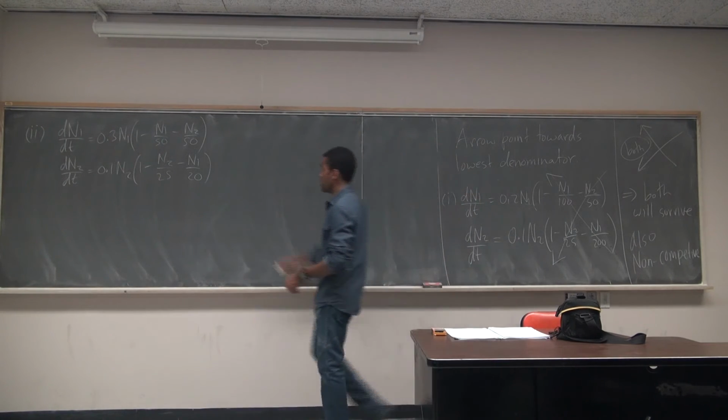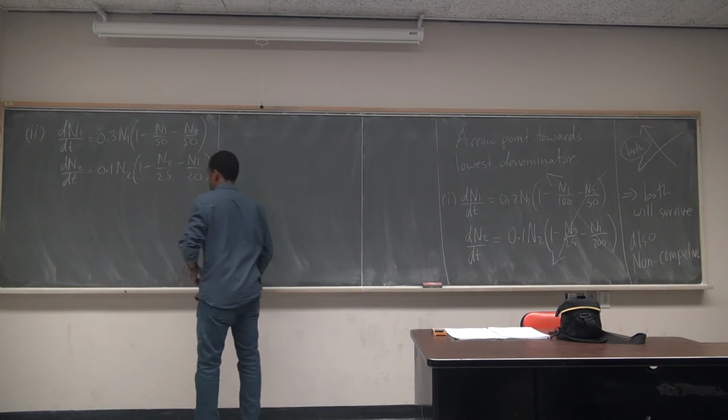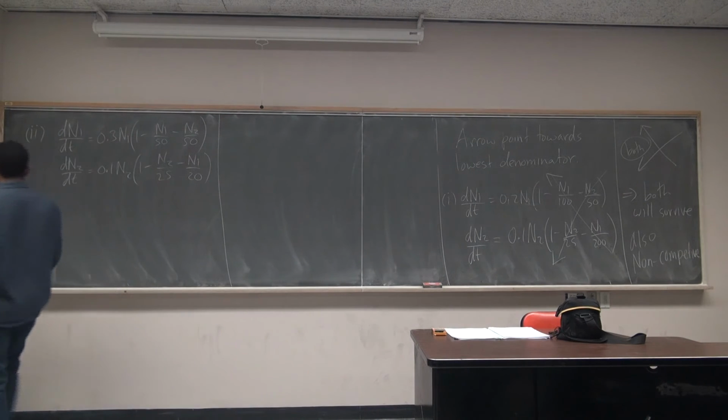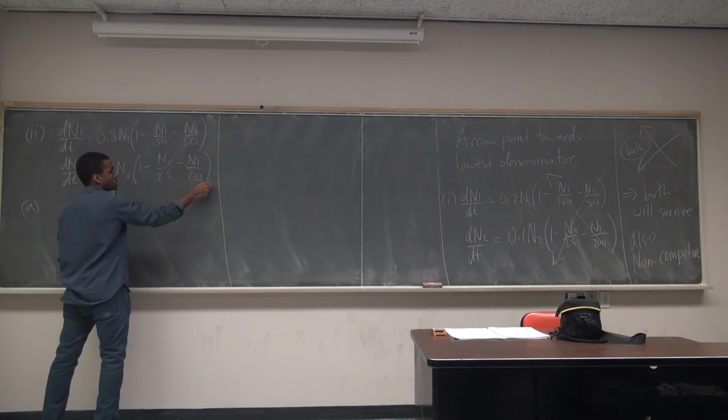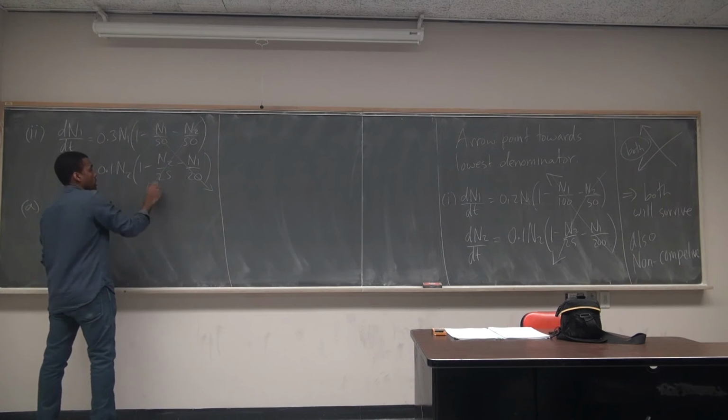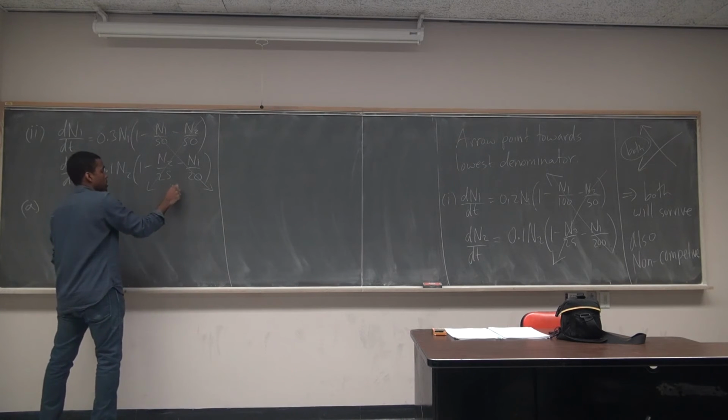Okay, so tell me, is this competitive or not? And then analyze qualitatively what's going to happen. Okay, so the first arrow is going down to the right, and the second one is going to the left. That means N1 wins.